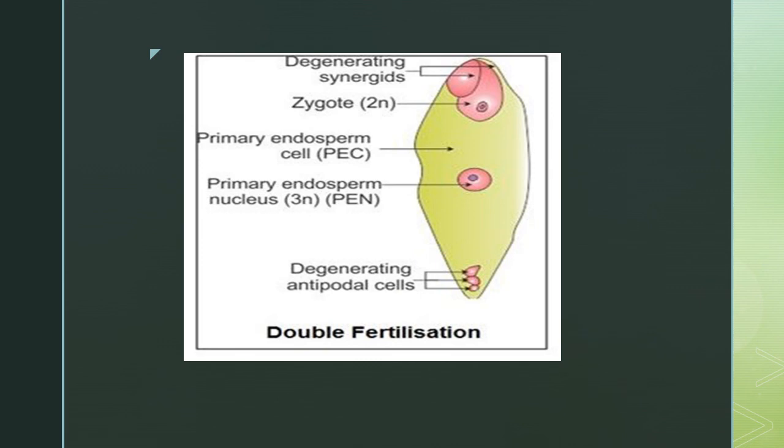This is double fertilization. PEC is the primary endosperm cell and PEN is the primary endosperm nucleus, that is 3n triploid. The degenerating antipodal cells are giving their nutrition to the endosperm.